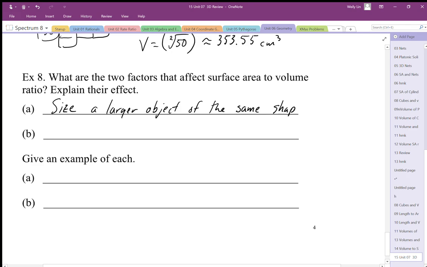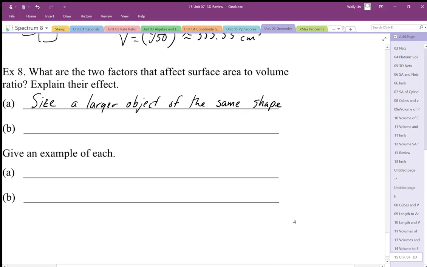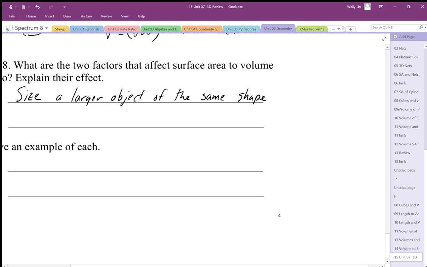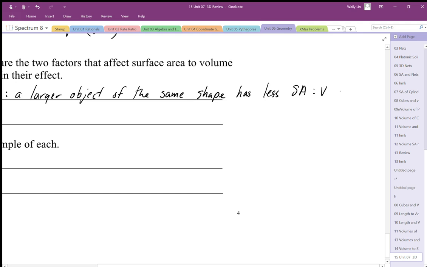Because if they're really big, they have a lot of volume, but they have very little surface area to transport nutrients through, through osmosis and through the cell membrane. So size: a larger object of the same shape has less surface area to volume ratio.